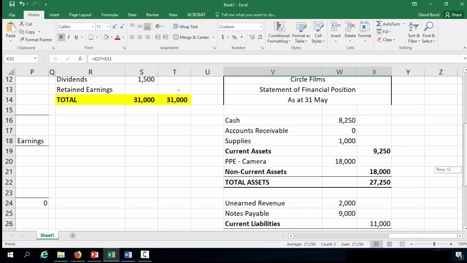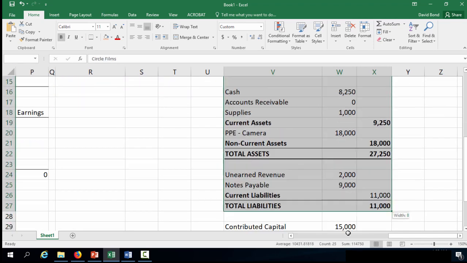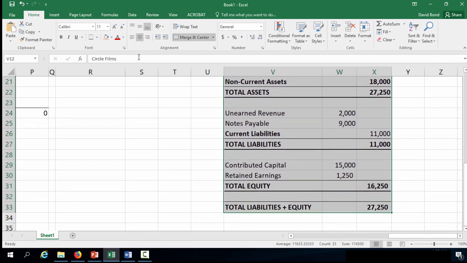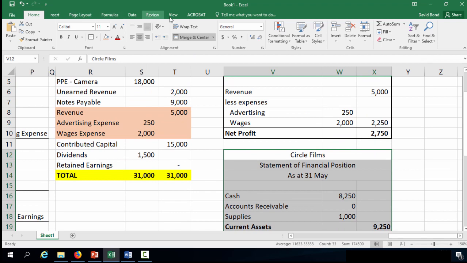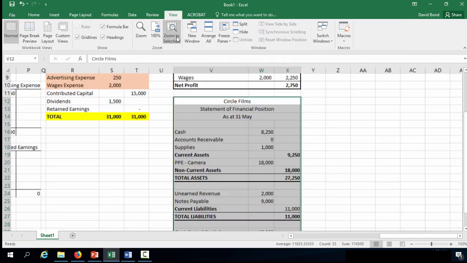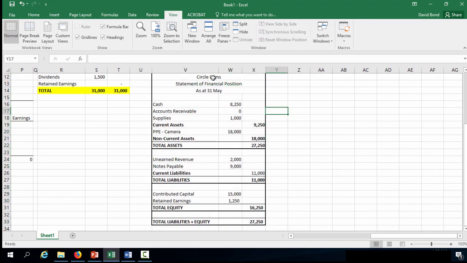And I'll just make that a little bit smaller so we can see this. So statement of financial position, cash, accounts receivable, supplies for 9,250, PPE camera 18,000 for 27,250, 11,000 of liabilities, 16,250 of equity for 27,250.